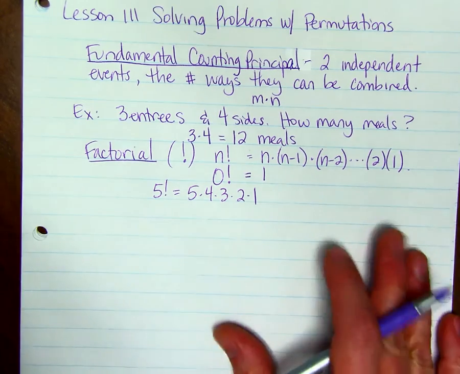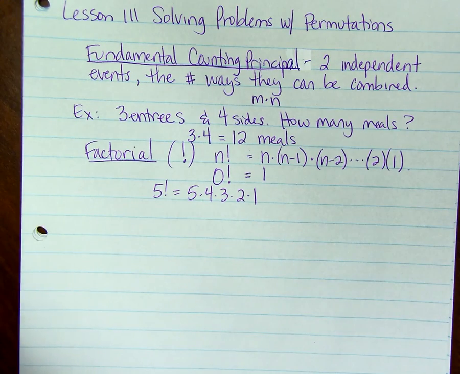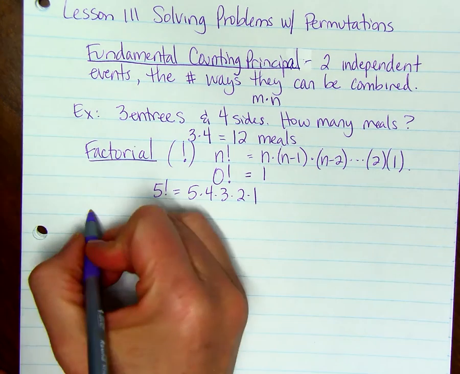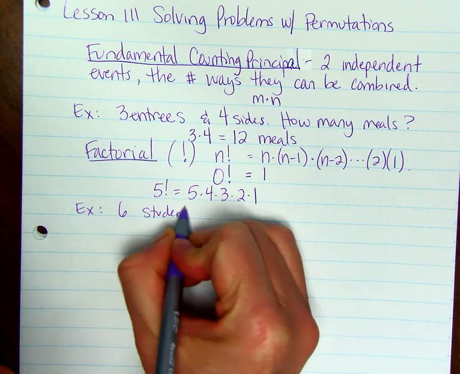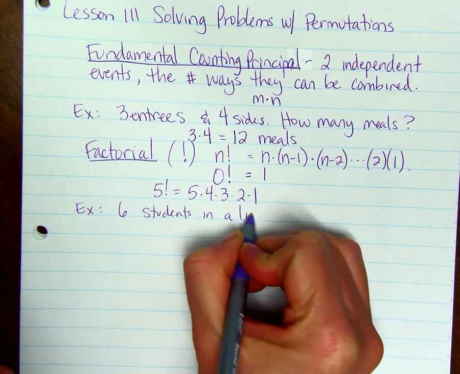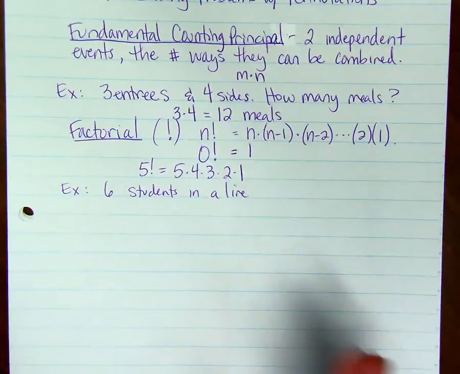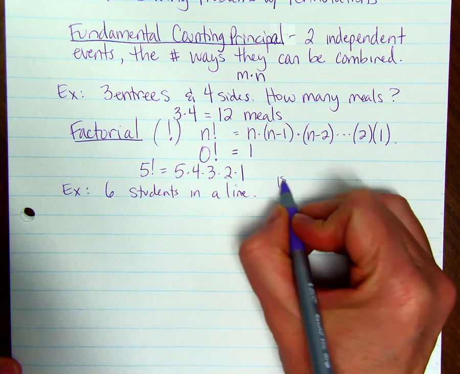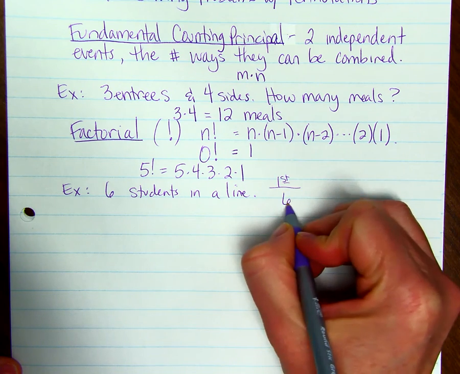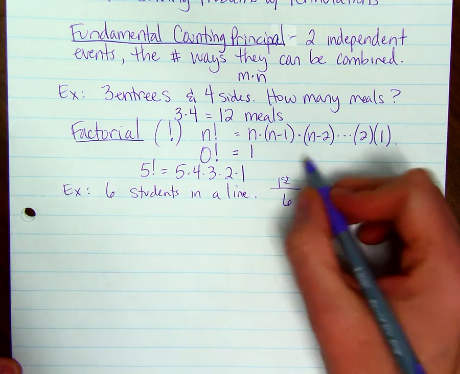So let's say we had 6 students and we wanted to put them in a line. How many different ways could we put them in that line? Well, for the first position, we have 6 students we could choose from.